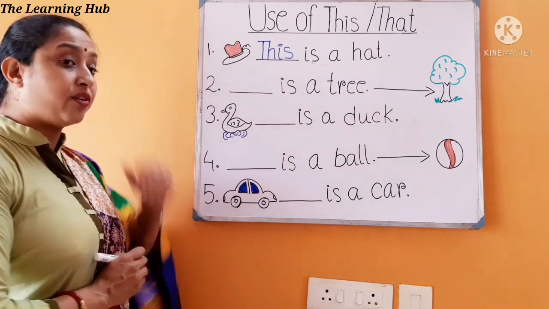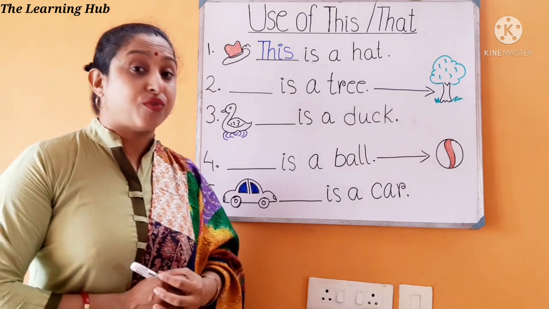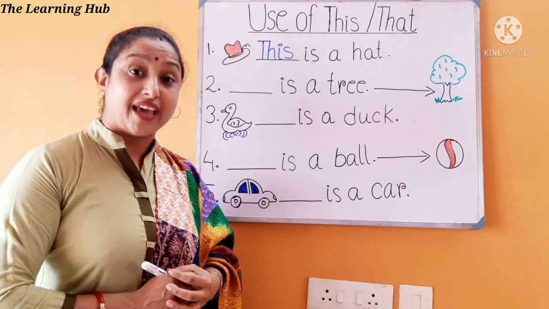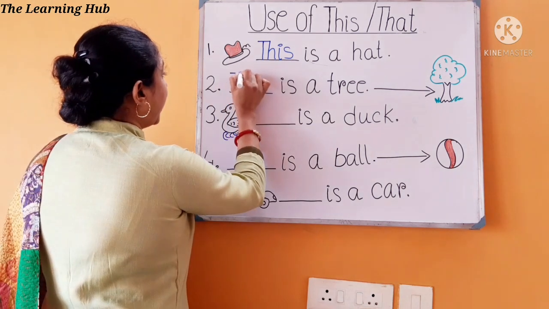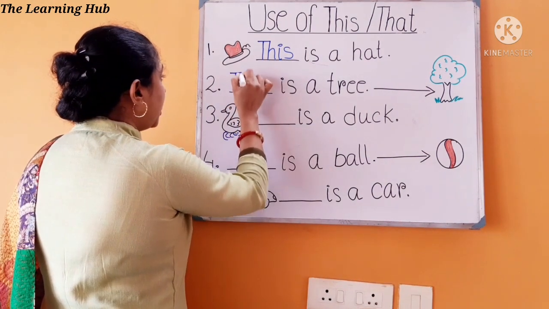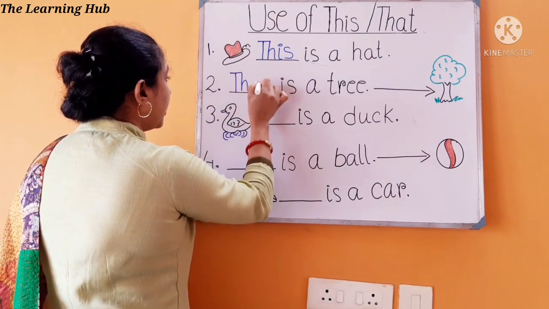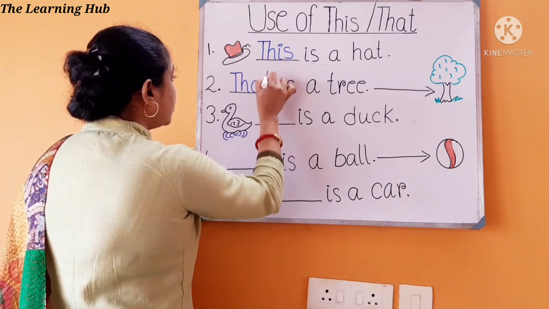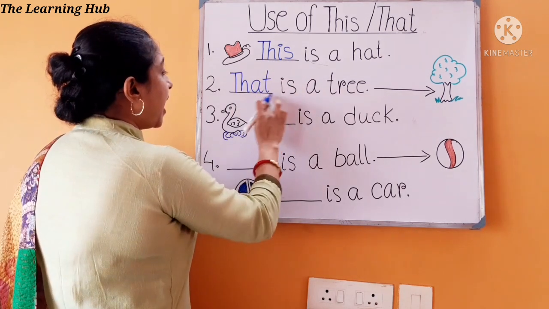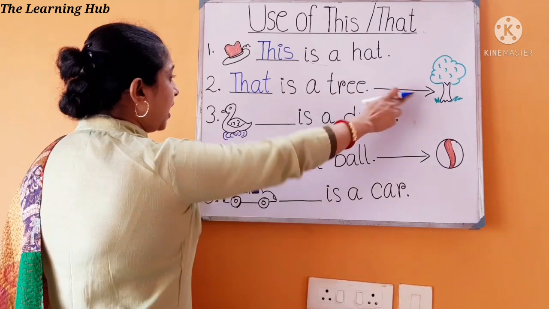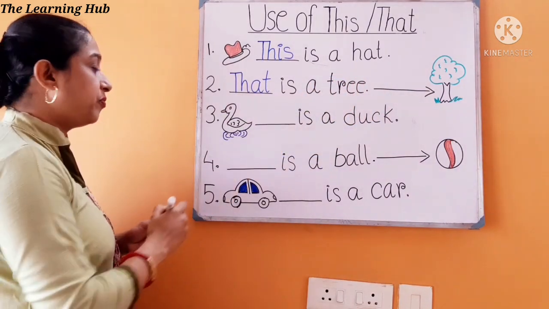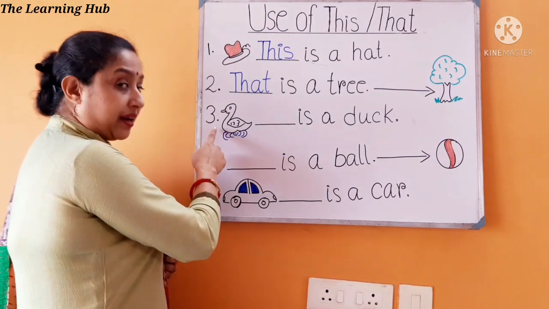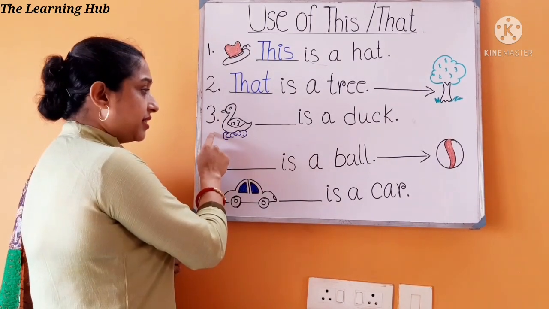So what should I write over here? When something is far away from us? Yes, that. So here I have to write that. T-H-A-T. That. That is a tree. वह एक पेड़ है.